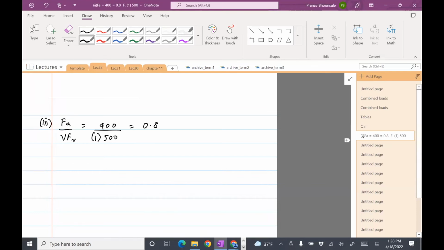So we have 0.8, and what did we compute for E? E was 0.285. So we see that FA divided by V times FR, which is 0.8, is greater than E, which is 0.285.